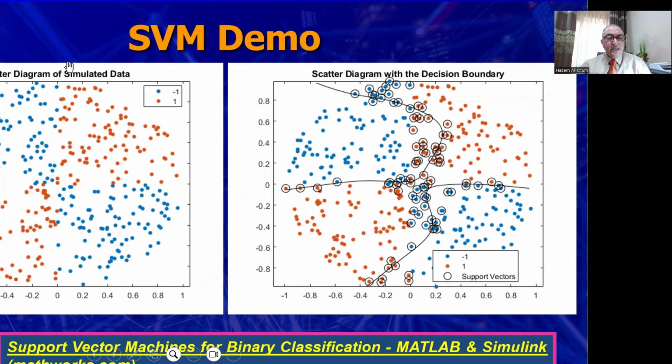It may not be very clear, but this part belongs to the blue balls, and this is the first class, and maybe this one belongs to the second class or cluster, while these red and blue small circles inside the white circles lie on the border of the support vector machine hyperplanes.